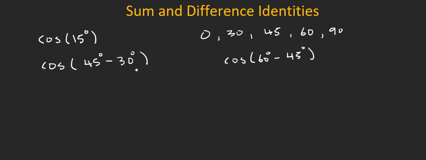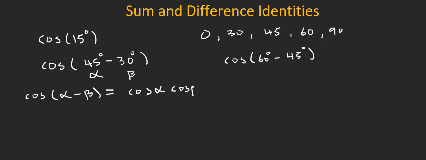Now we know that 45 will be alpha here and 30 will be beta. What was the formula for cosine of quantity alpha minus beta? Well, that was cosine alpha, cosine beta, plus sine alpha, sine beta.